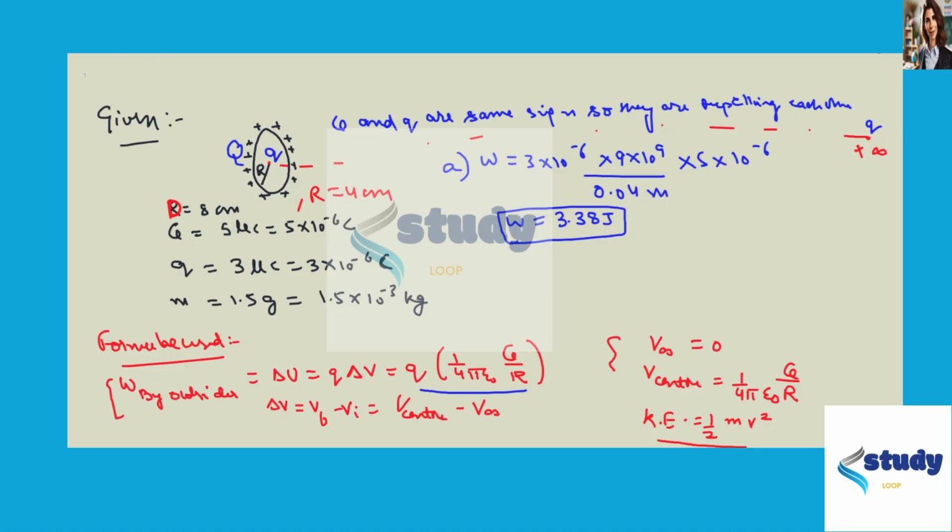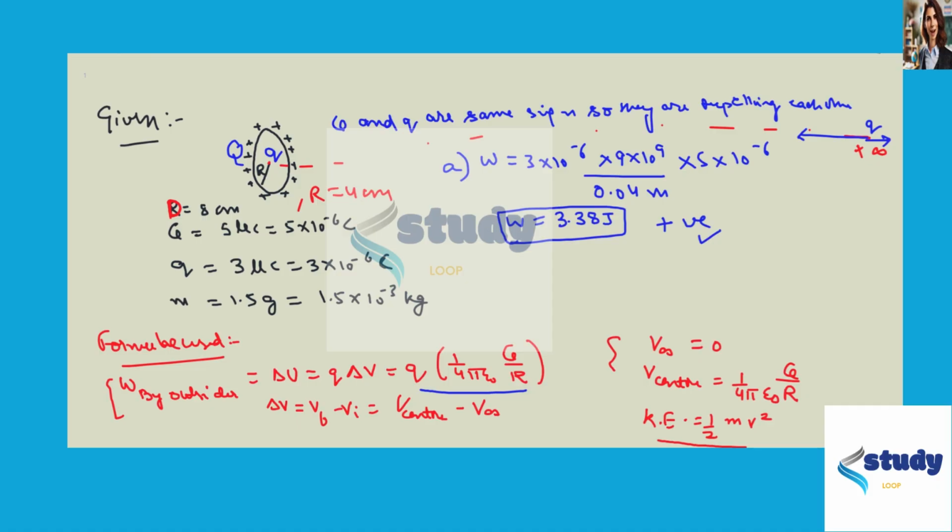Work done has to be positive because the force is acting this way and we are acting with force the other way, and we have moved the distance from infinity towards the center of this ring. That means the work done by the outsider is positive.